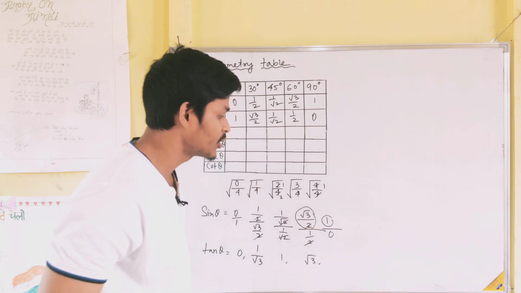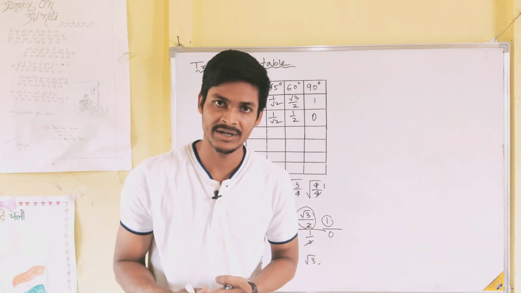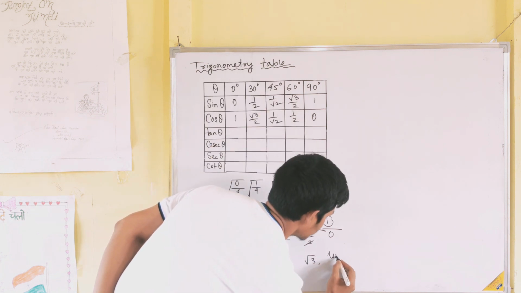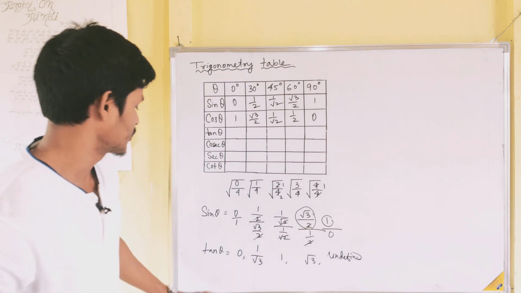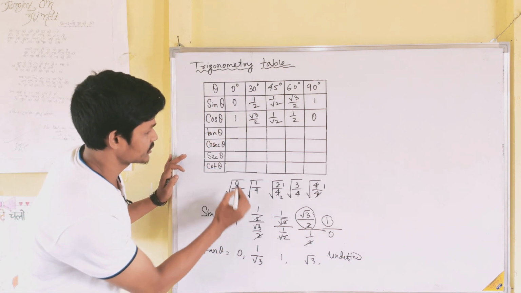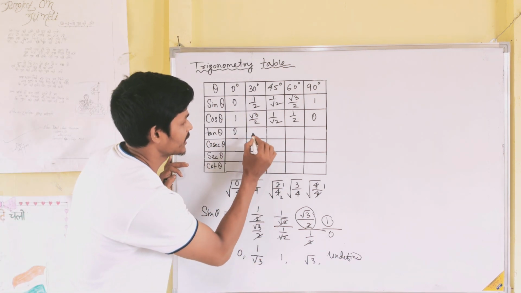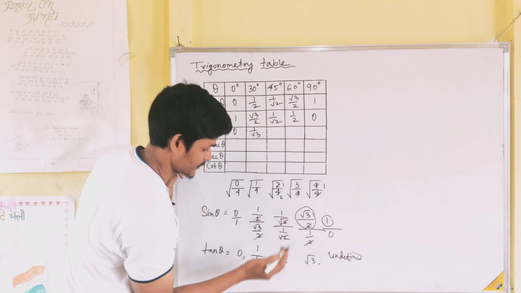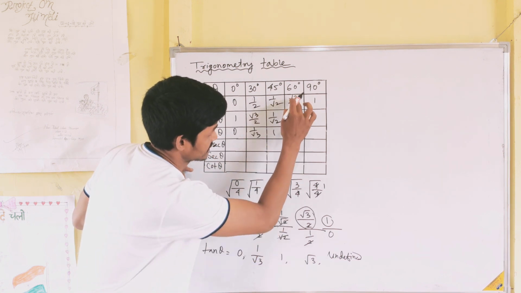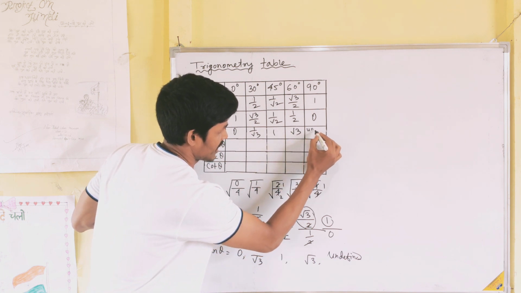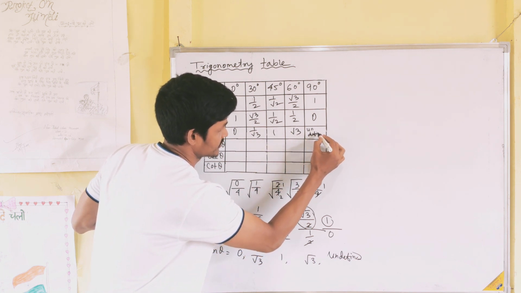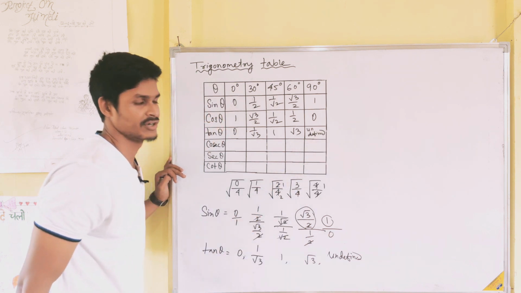And 1 by 0: when 0 comes in the denominator it is undefined. So now you put this here: tan 0 is 0, 1 by root 3, 1, root 3, and undefined, or you can write not defined.